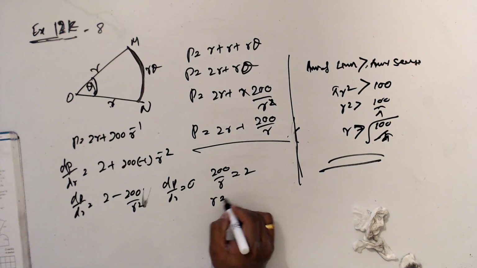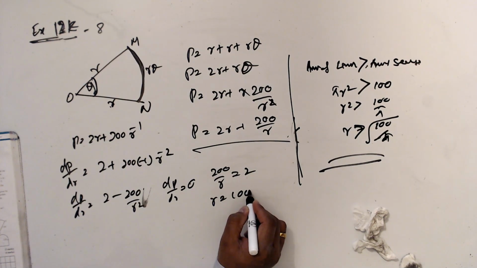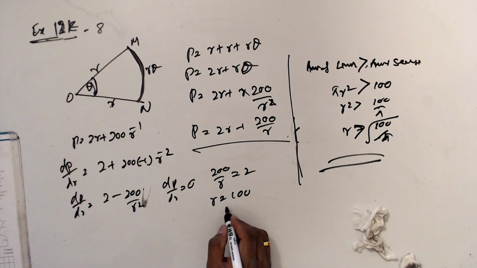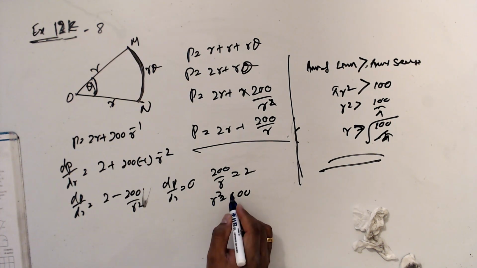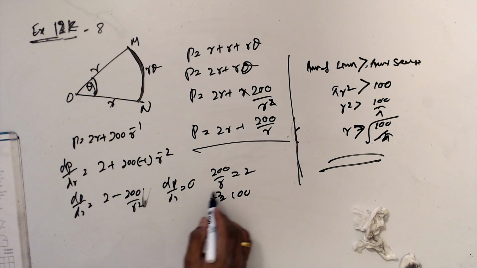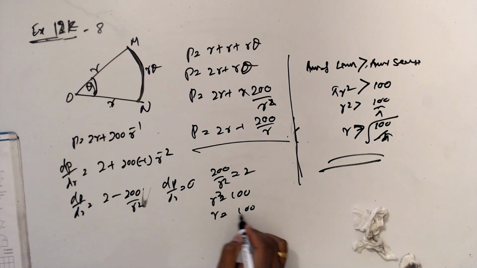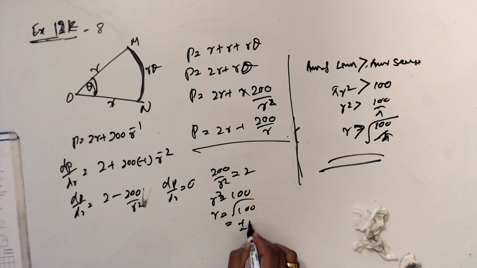So r squared equals 100. r equals plus or minus 10.